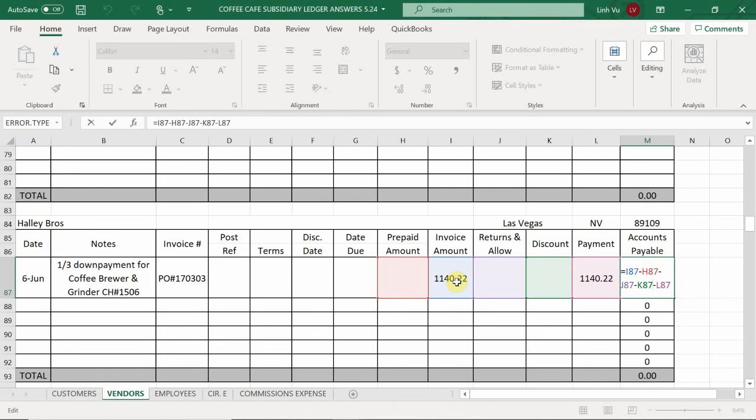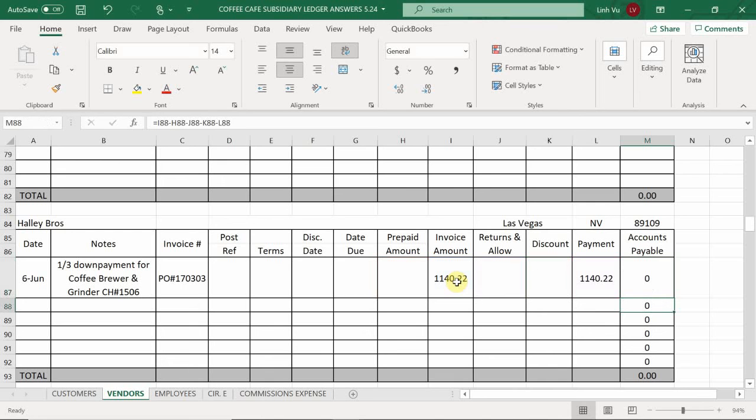And right now, you owe nothing. And this is where you could go ahead and drag down your formula, because we will be looking at Hallie Bros quite often, okay? So there you go.